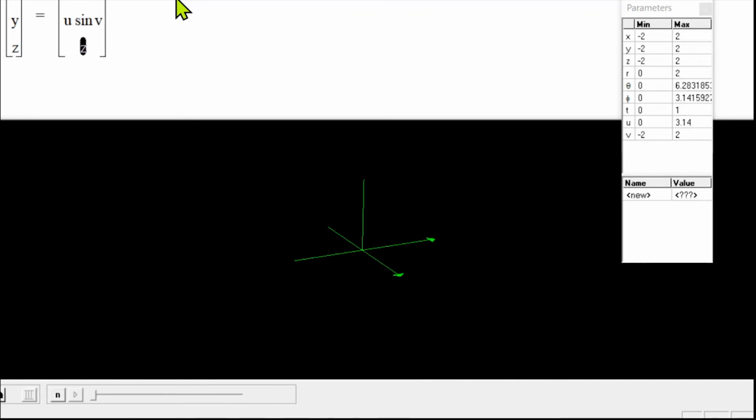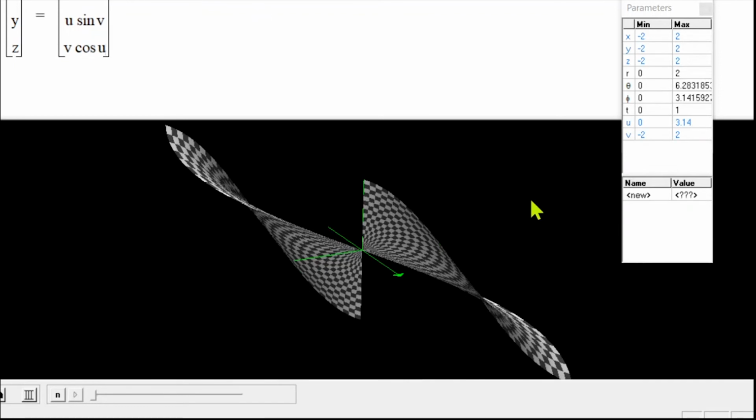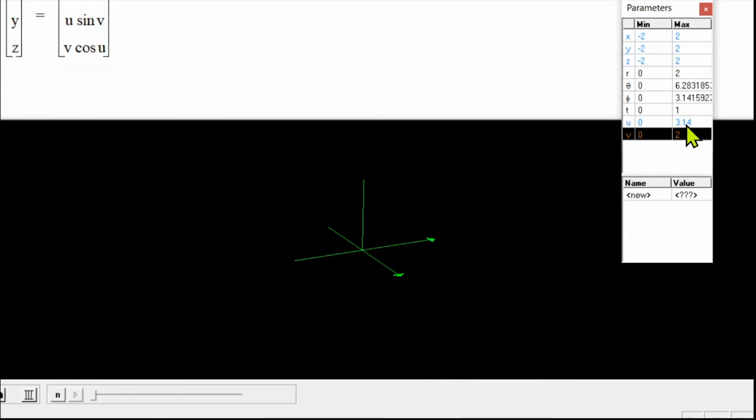And z is equal to v cosine u. And I'll give these guys more freedom. Let's say that u starts from 0 to 2 pi.